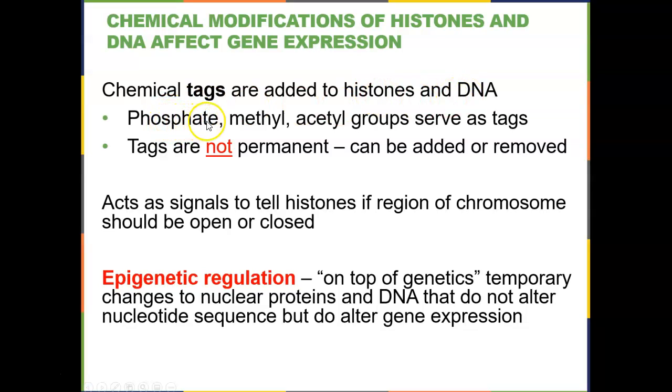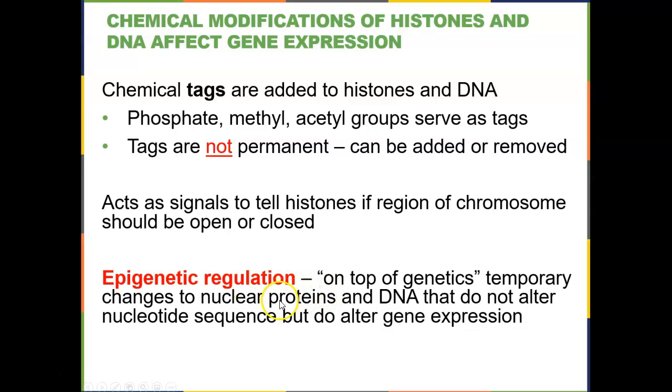So these tags can be phosphates, methyl groups, acetyl groups. These tags are not permanent. They come and go. So they act as signals to tell the histones, do you need to unwind or do you need to wind back up? So this is part of that epigenetic regulation.